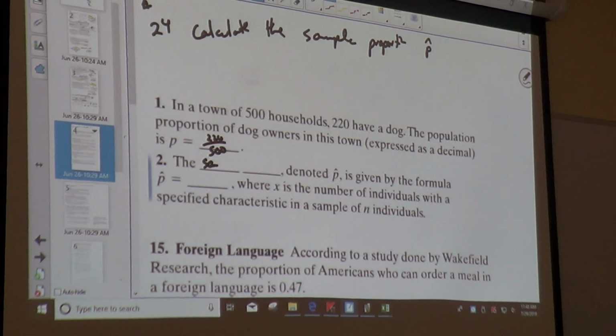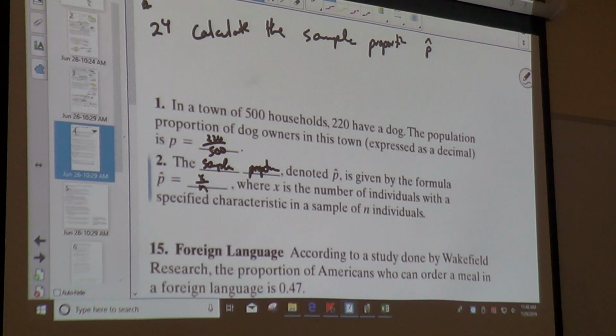The sample proportion is X over N. 10 of y'all out of 25 have a job. That would be the sample proportion. Part over whole.